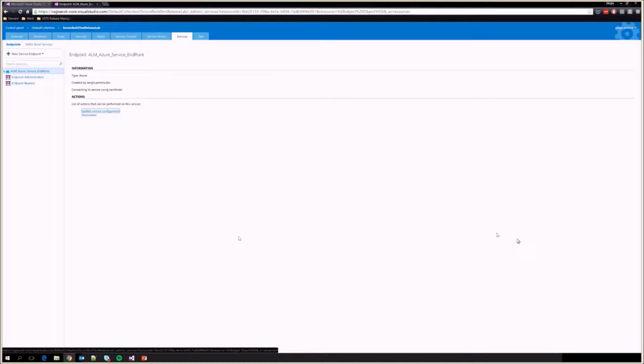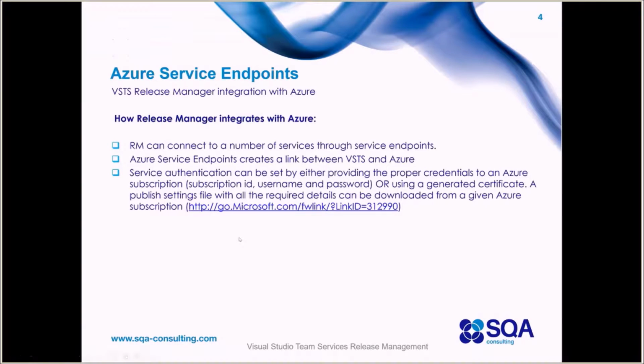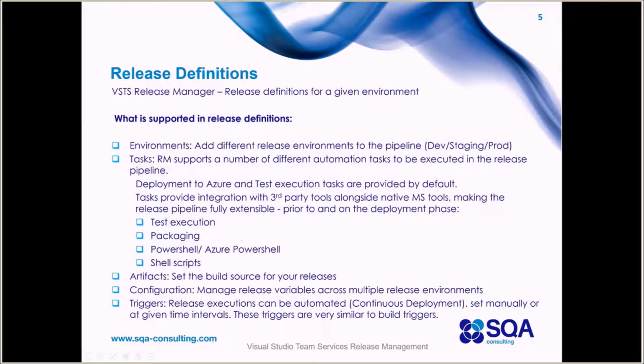Okay, so next topic is what are release definitions? In release definitions, we have what we call environments. So basically you can create different environments throughout your release pipeline, usually environments like dev, staging, and production.